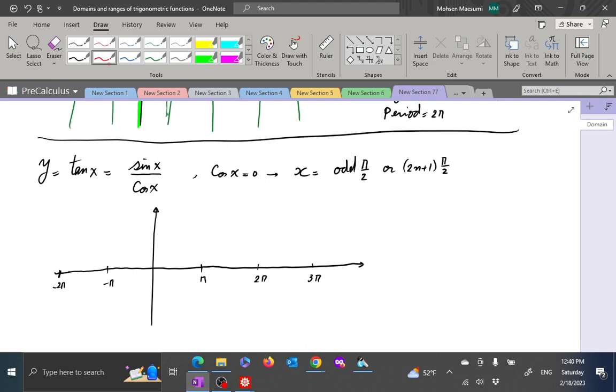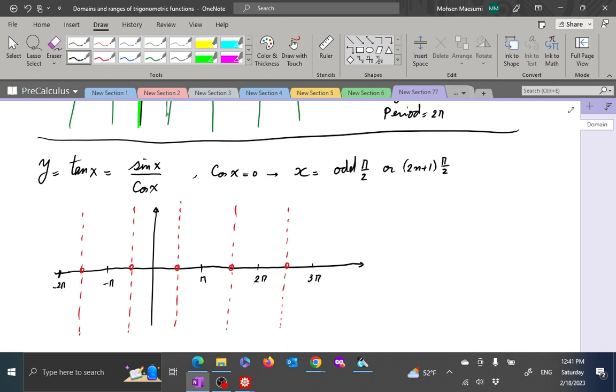We know cosine is going to have zeros here. So it's going to have its vertical asymptotes at these locations, just like the previous problem. So it shares all this with the secant.